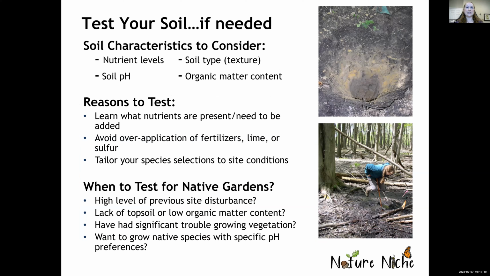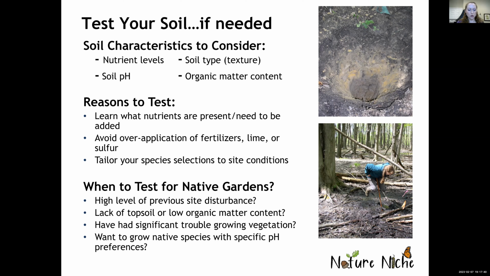I'm going to mention testing your soils really briefly. I say "if needed" because I think it's less important when you're doing native plantings. Remember, they're well adapted to our local soil conditions. You can test for different things: nutrient levels, soil pH, texture, organic matter content.